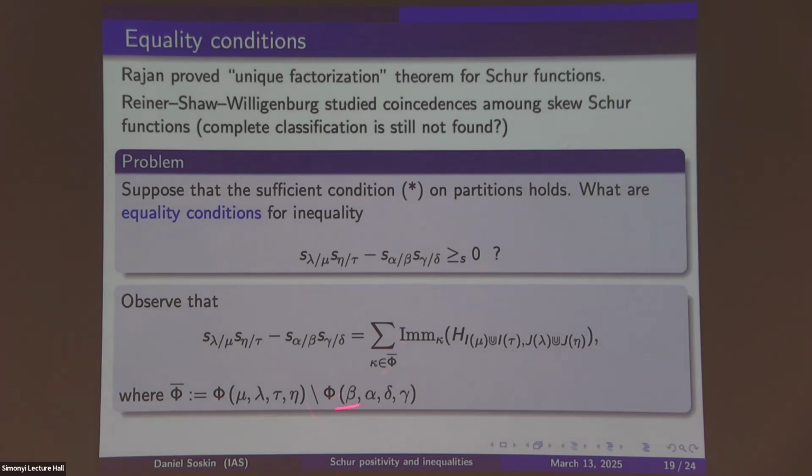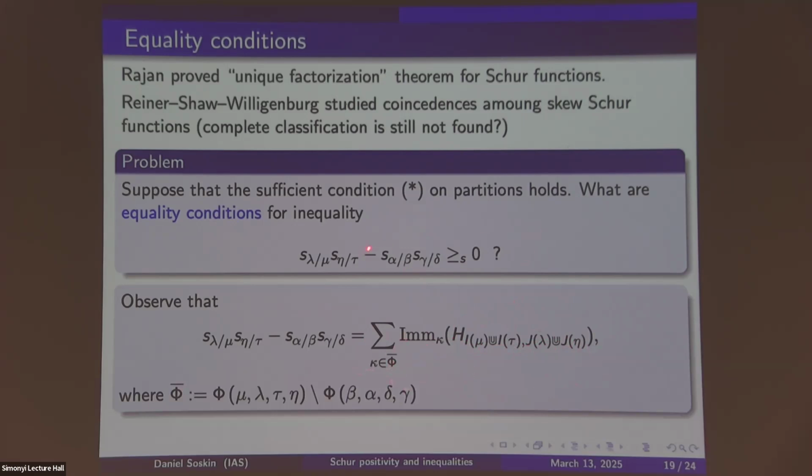From the Skandera-Reed theorem, we could see that if the conditions are satisfied in this necessary condition, then this difference is a certain sum of totally nonnegative immanants evaluated on Jacobi-Trudi submatrices given by such multiset unions.